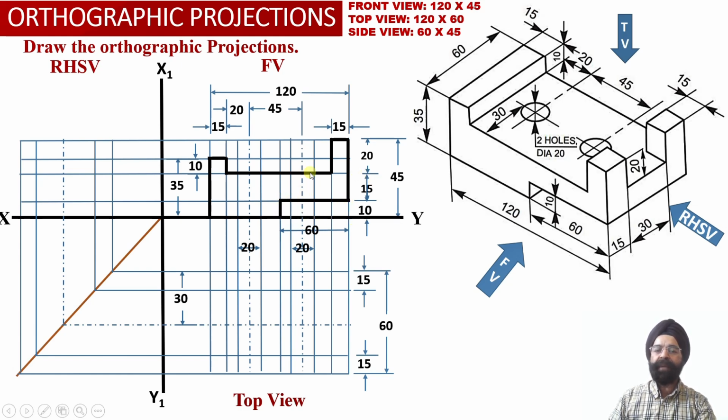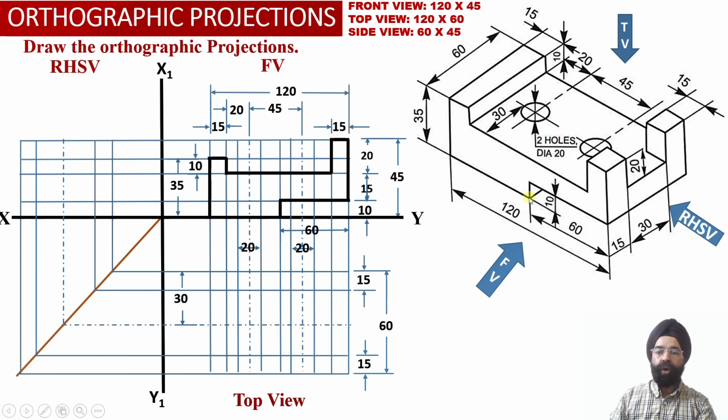This height will be equal to 15 millimeter, and this height on the right hand side, corresponding to these two square blocks, happens to be equal to 20 millimeter, and this width corresponding to these two vertical square blocks happens to be 15 millimeter.